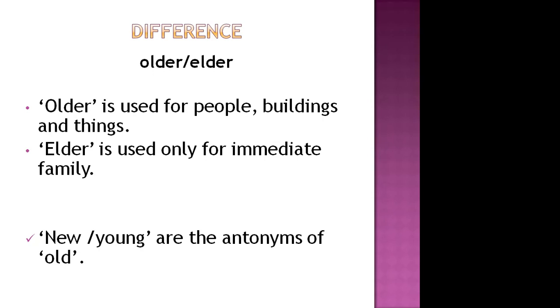Older is used for people, buildings and things, whereas elder is used only for the immediate family. For example, some of my friends are older than my brother. But when you talk about our family, I'm going to say, my grandfather is the eldest member of the family, or my father has an elder brother, not older brother, elder brother.